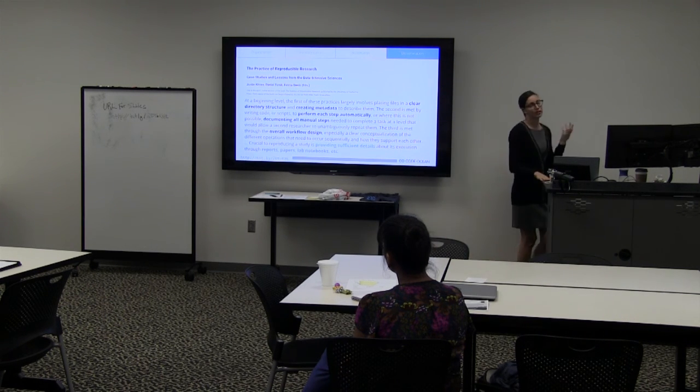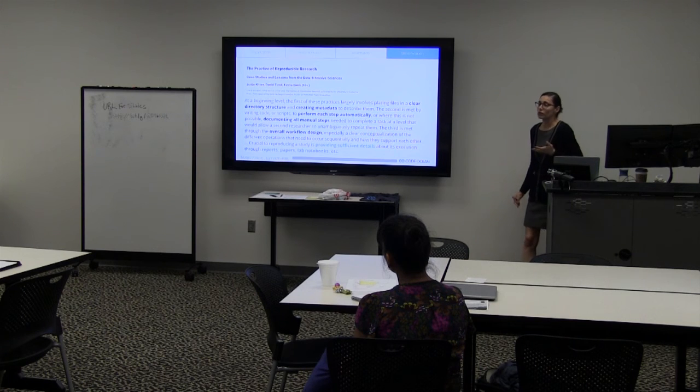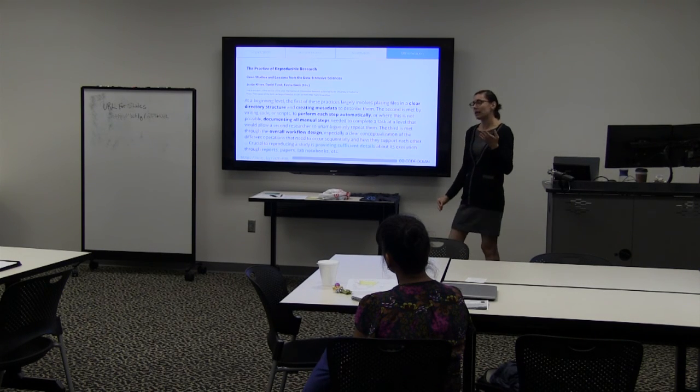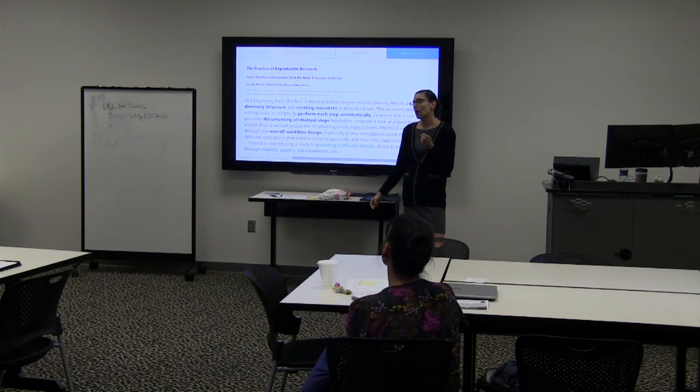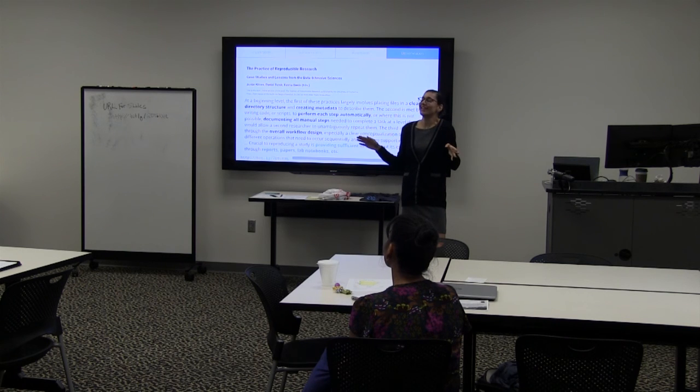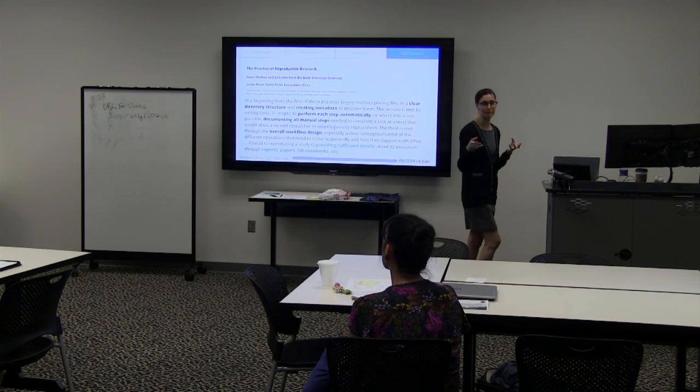So for example, for data documentation, different fields have different ways of providing metadata to accompany their data sets. So metadata is just information about your data. And we're going to talk about, for example, creating a data dictionary. Not every field creates data dictionaries, but if you're doing this for the first time and you create a data dictionary, it's not going to hurt anything, and it will improve the transparency and reproducibility of your work.